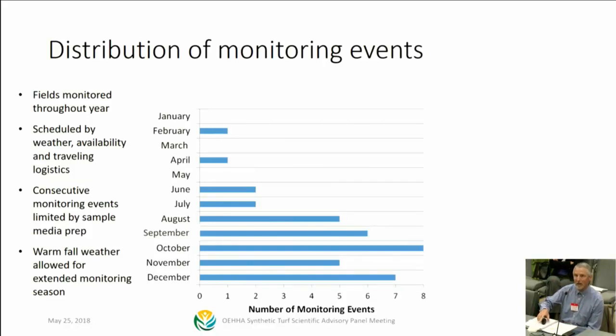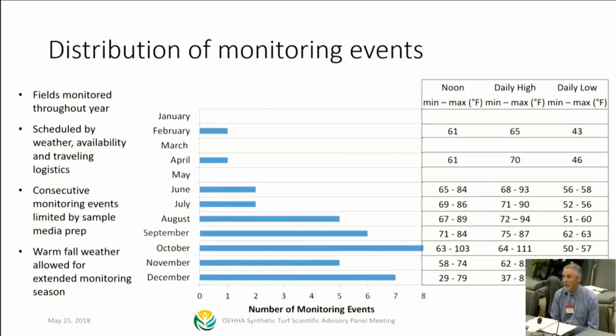That's basically what drove this. Fortunately for us, last year the warmer weather tended to shift later in the year. We had a lot of rain earlier in the year, and then the warmer weather shifted. So we still got a lot of good warm days, and I wanted to show that here with a summary of the temperature. The first column on your left is the noontime temperature, which is probably most relevant to when we're collecting the sample.